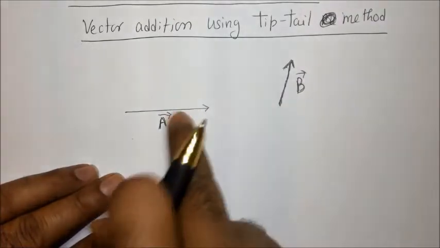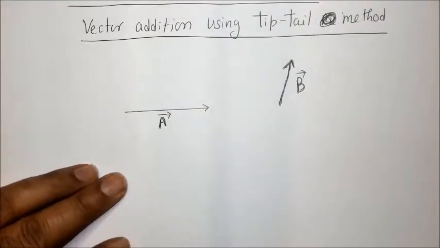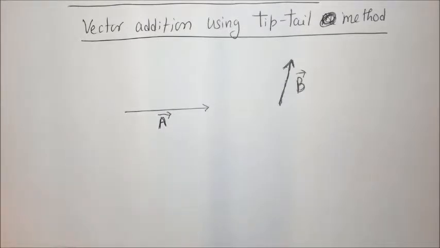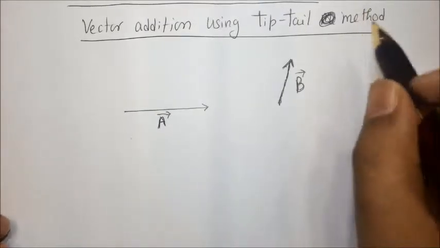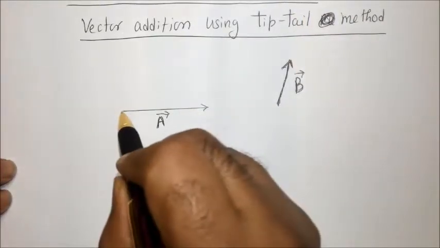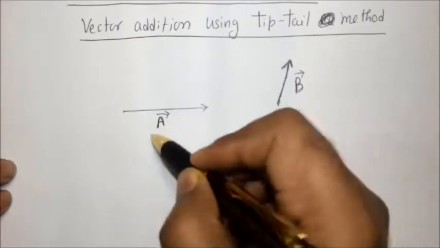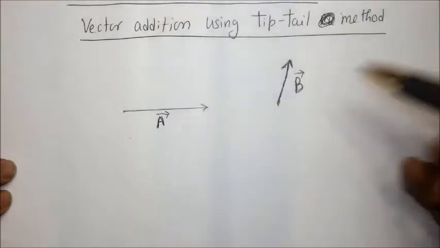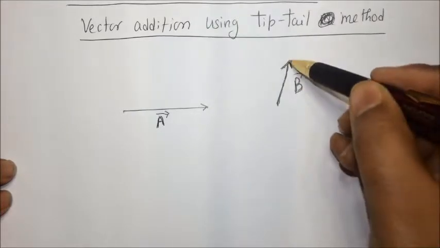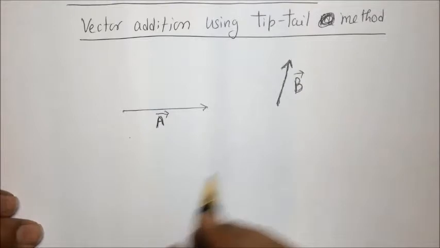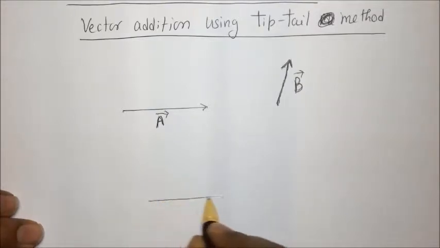If I want to add them, what I can do, I can use the tip-tail method. What do tip and tail mean? You have a vector, this is the tip of the vector, this is the tail of the vector. So for vector A, this is the tip, this is the tail. For vector B, this is the tip and this is the tail. So what you do, you draw vector A first.